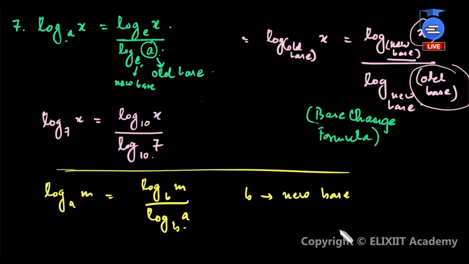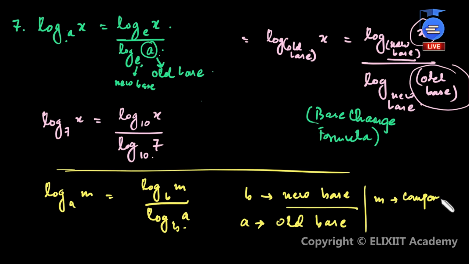Same formula, same property. And a stands for the old base. What is m? m is the component of the log, the part of this log. Right? Clear?